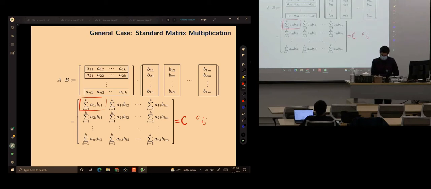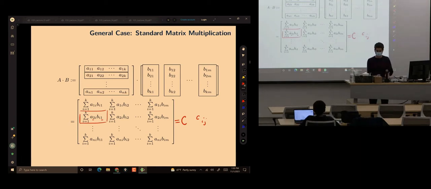For example, it's the second row of A multiplied element-wise by the first column of B, and then summing over that.